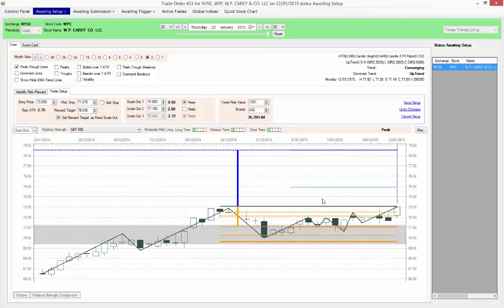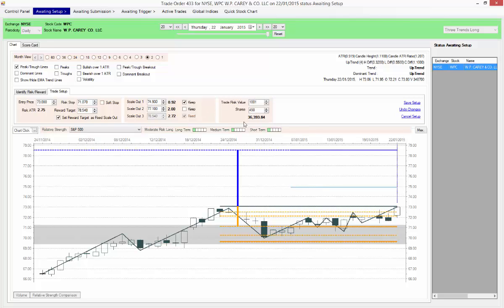So I'm left with 2 potential targets for taking profit in this trade. One is slightly under 1 to 1, 0.92, and the other one is going to be 1% behind the previous long-term peak. So I've shown to you now how we're working from left to right.